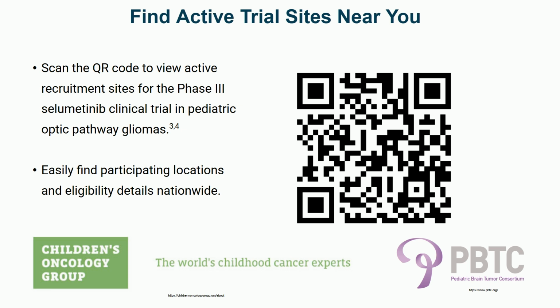So I put together a QR code that I hope you can take a picture of and put somewhere in the back of your mind, and if you ever encounter a patient that has an optic pathway glioma, especially a pediatric patient, this QR code will take you to a database that will show you the nearest site to your clinic that will offer the clinical trial for that patient.